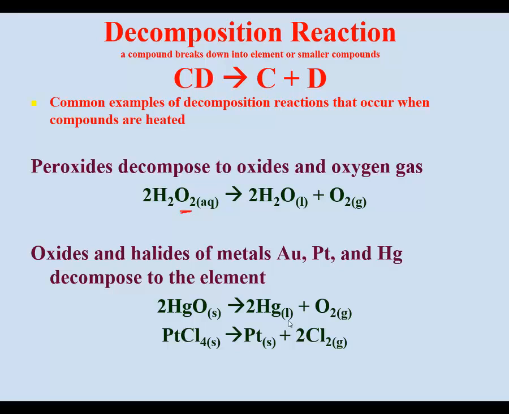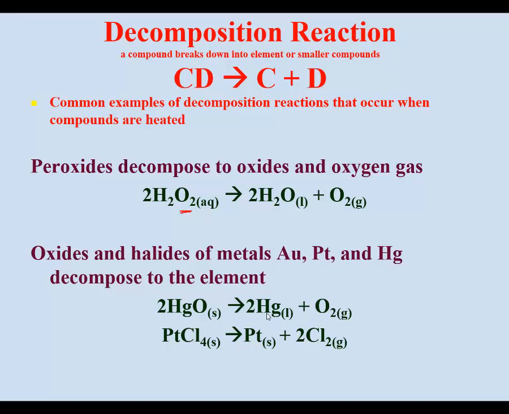It's one of the few metals that you're going to have as a liquid close to room temperature. Gallium is a solid at room temperature, but a few degrees above room temperature will melt and become a liquid. But most other metals are going to have higher melting points. So when your mercury(II) oxide decomposes, you get elemental mercury, as I said, and oxygen gas evolving. So we expect that these gold, platinum, and mercury oxides decompose to produce oxygen gas and the elemental metal.